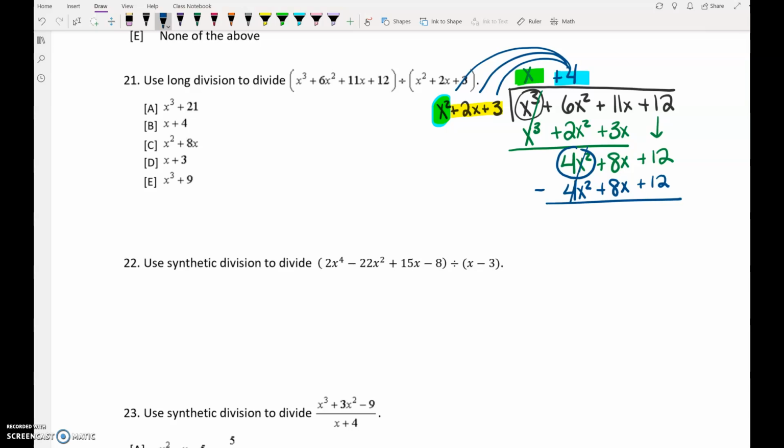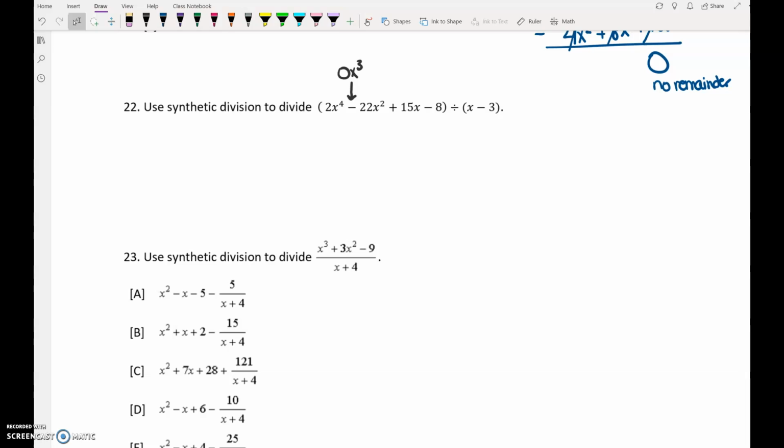When we subtract this one, all three terms cancel. We have no remainder. And our answer is up here at the top, x plus 4.